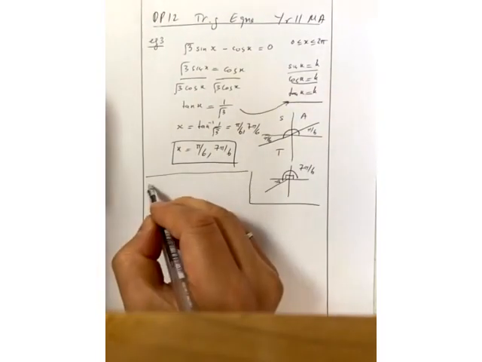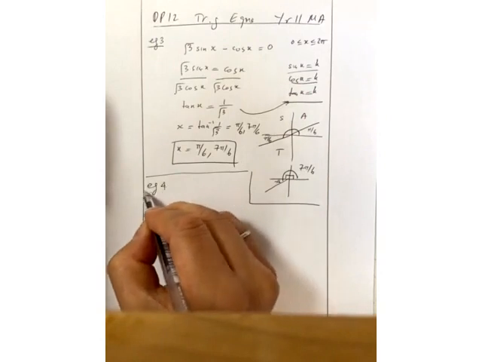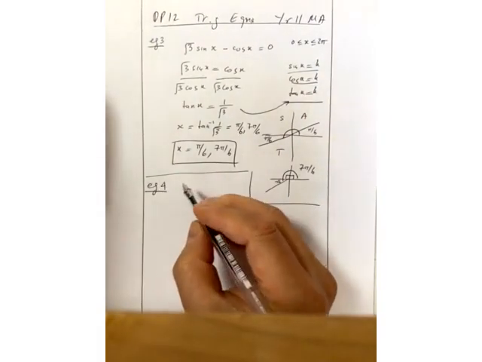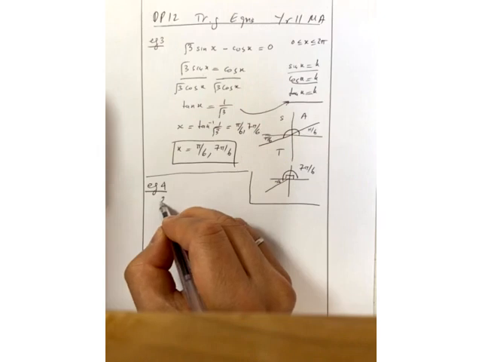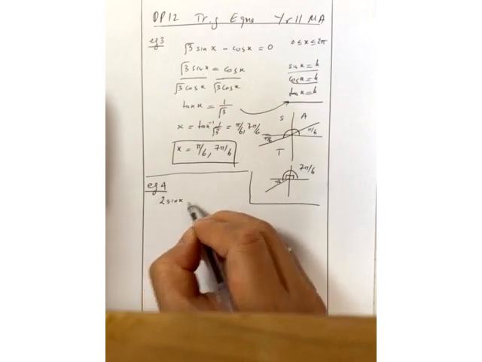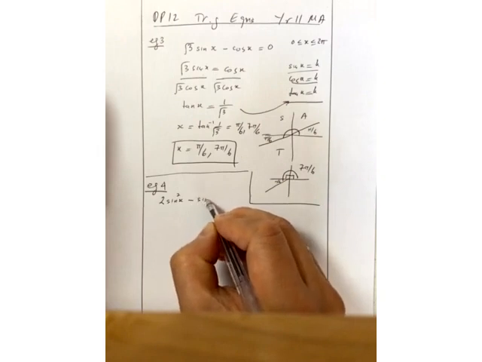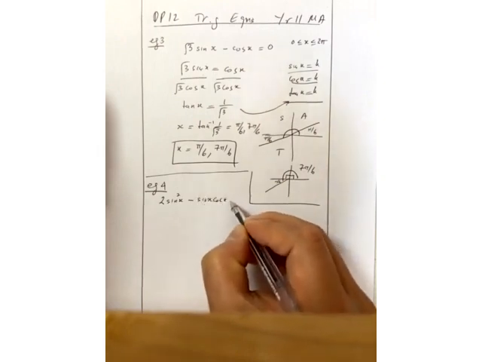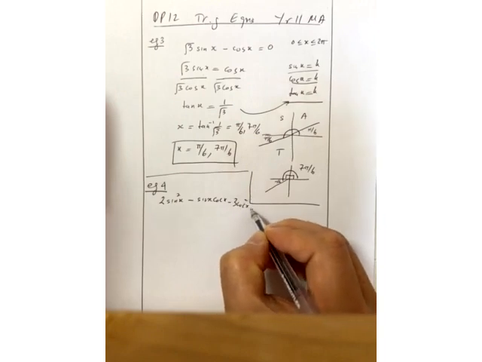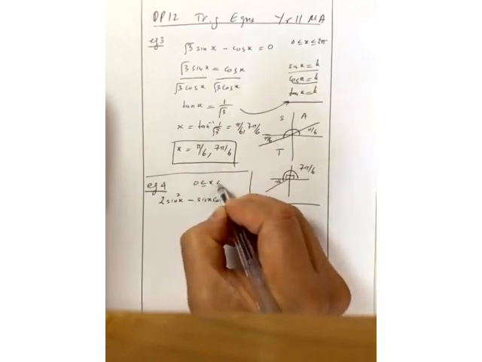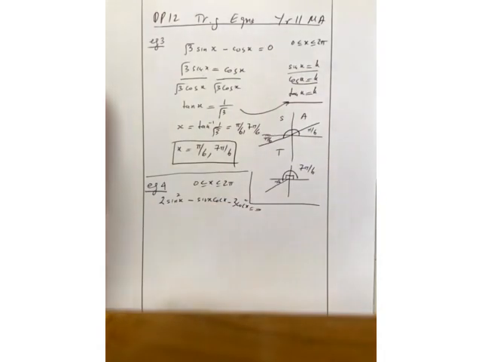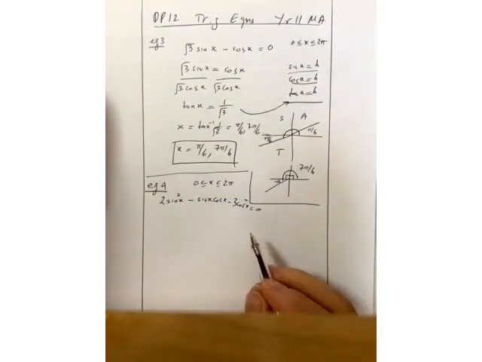Here's a more complex question involving factorizing. What if you have 2 sine squared x minus sine x cos x minus 3 cos squared x equals 0, and take the case of the answer being between 0 and 2 pi.